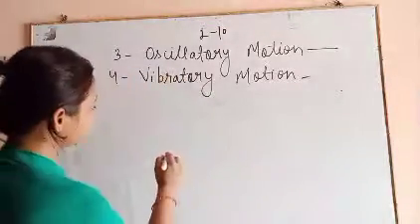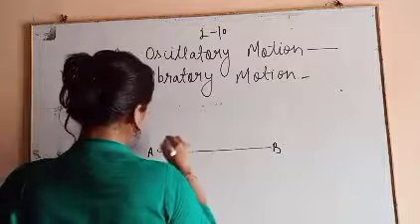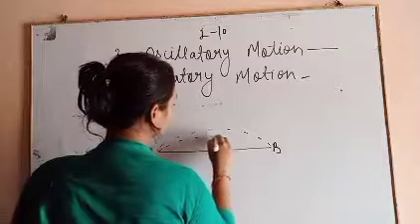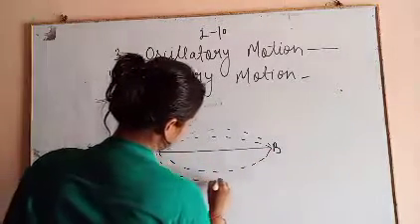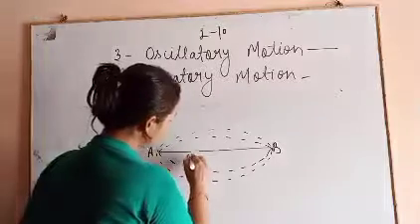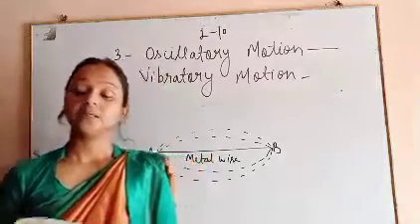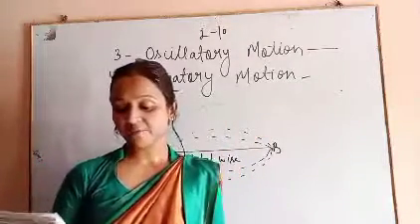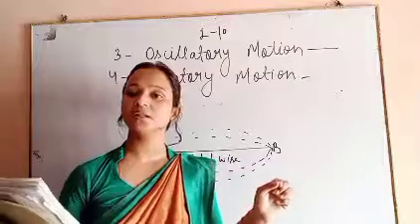You can see in the diagram, this is the metal wire A and B. When the wire is plucked from the middle, it starts moving up and down.